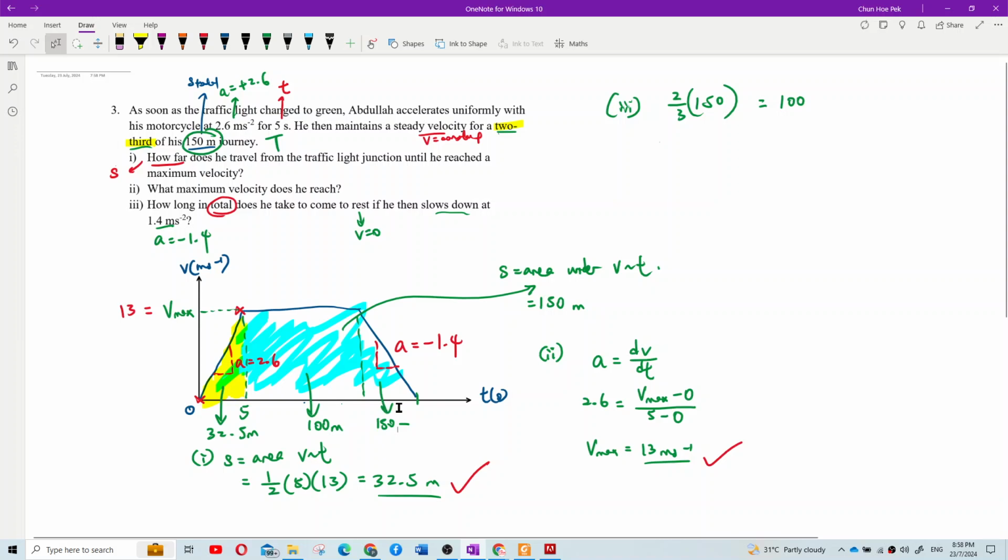So 150 minus 100 minus 32.5, understand, class? So it's 150 minus 132.5, which is 17.5 meter. So I got the area 17.5. That will help us with the time.